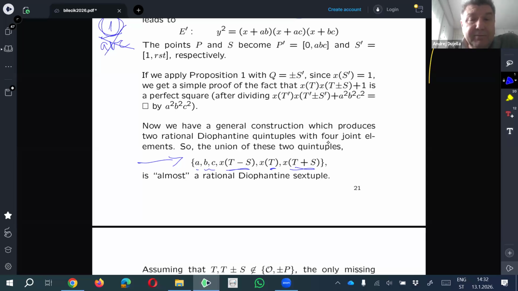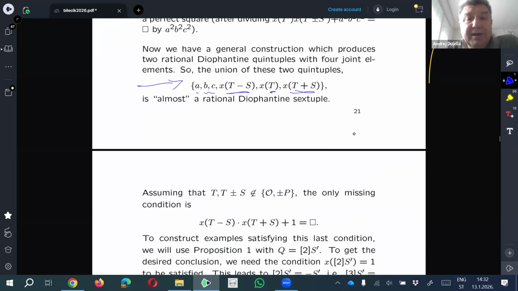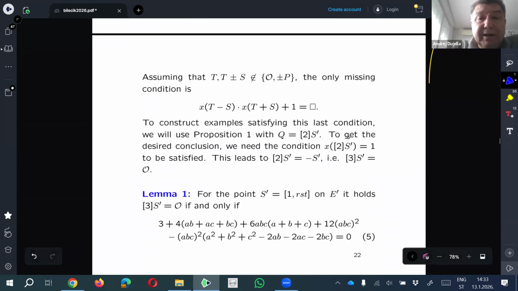And from what we know, there is only one missing condition. Everything is satisfied, except there is no reason that these two put together are good. This was written before in this shape, E times F plus 1, is it a square or not? Now we have written it in a different shape, but it is the same condition.